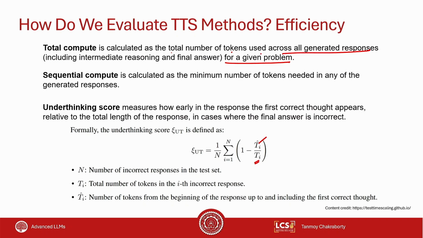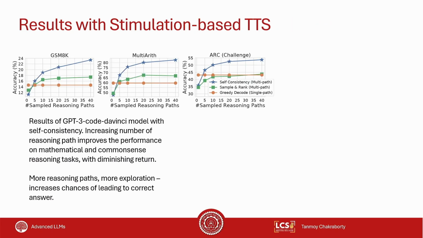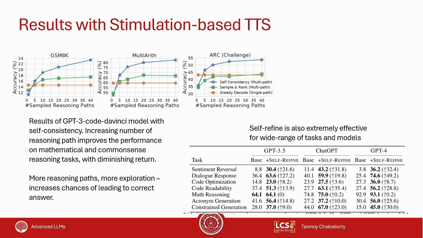So this ratio would be small, and 1 minus that would be very high. And that's the idea. And if the model is not able to produce any correct step, then Ti and Ti cap would be the same, so 1 minus the ratio would be 0. The rest of things are pretty straightforward.